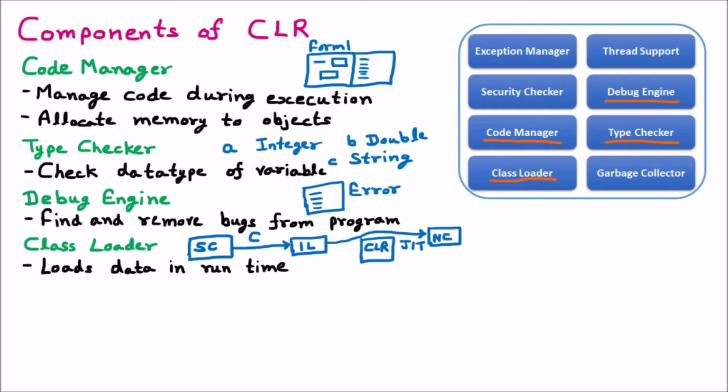Now this code runs on the operating system. So this JIT is another compiler. First of all the intermediate language is loaded into the system, then the JIT compiler compiles it and converts it to native code, and then the project runs on the system.